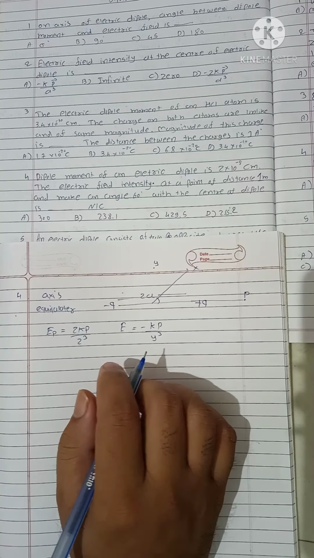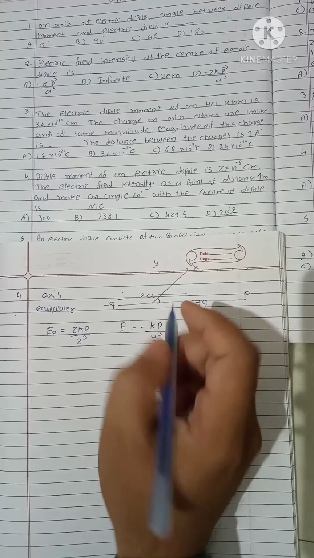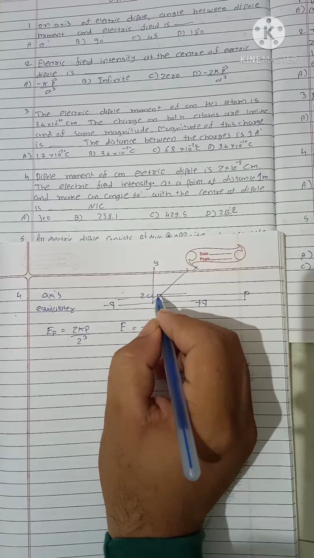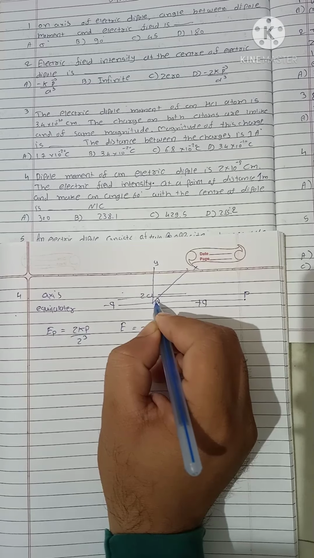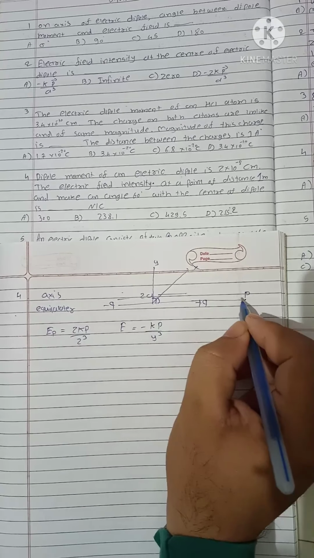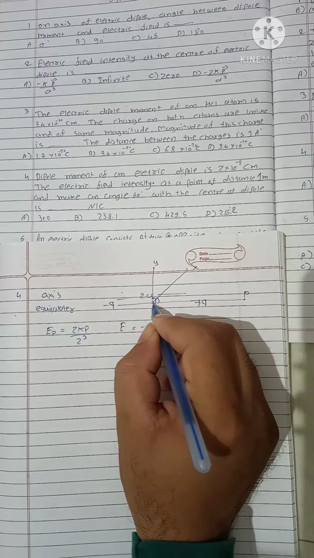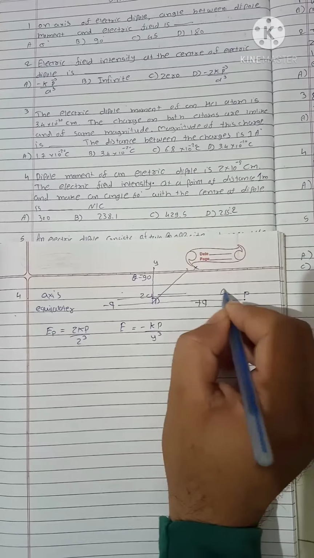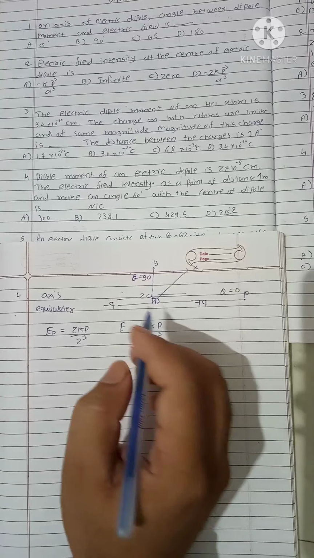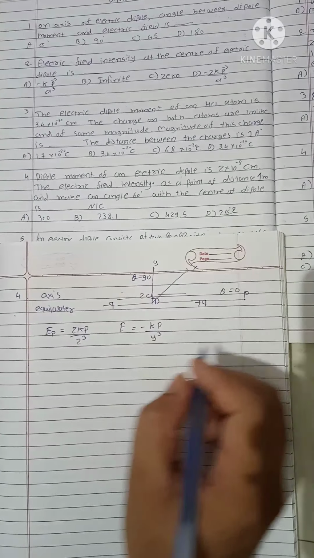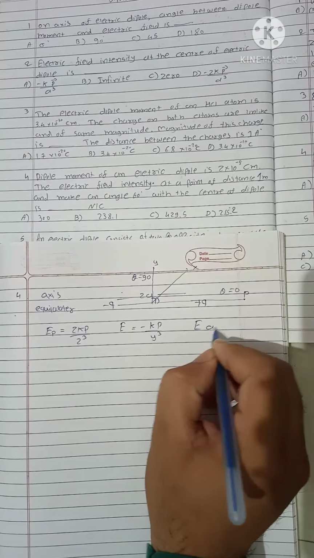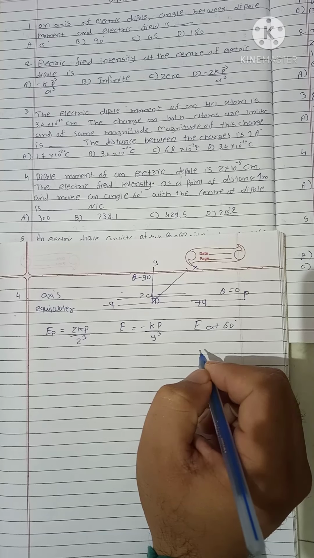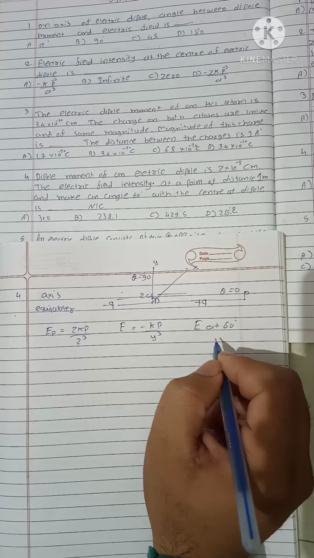First of all, you have to understand that for this point the angle at the center of the dipole theta is 90 degrees, and for this point theta is 0 degrees. But now we have to find the electric field at 60 degrees. So don't be confused and don't be sad.